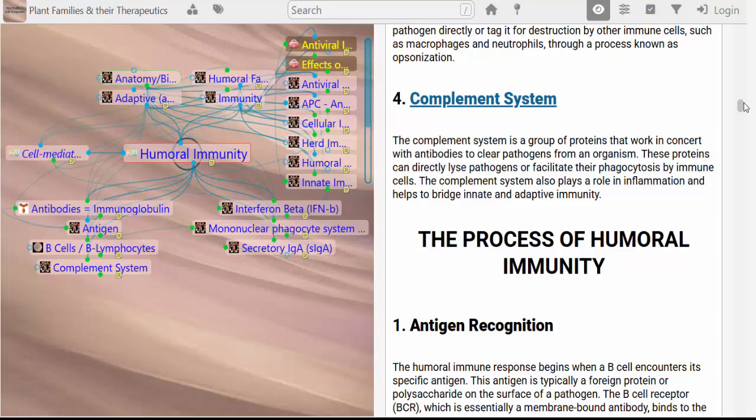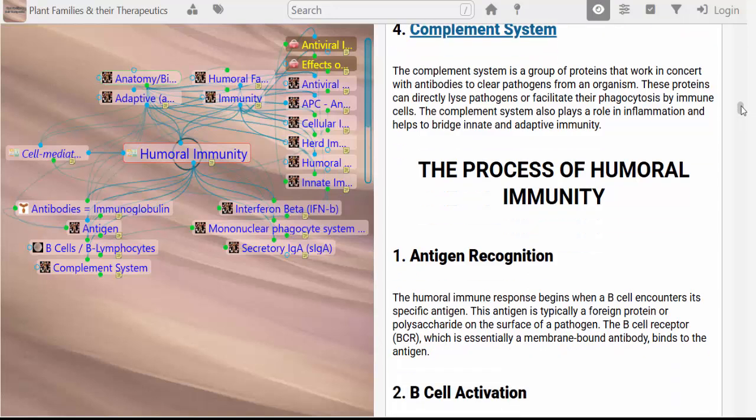That's a group of proteins that work in concert with antibodies to clear pathogens from an organism. And those proteins can directly cut up pathogens or facilitate their phagocytosis by immune cells. It also plays a role in inflammation, and it helps bridge the innate and adaptive immunity together.